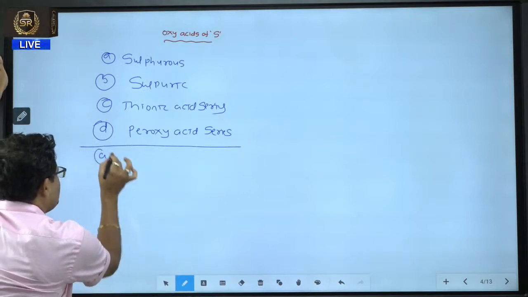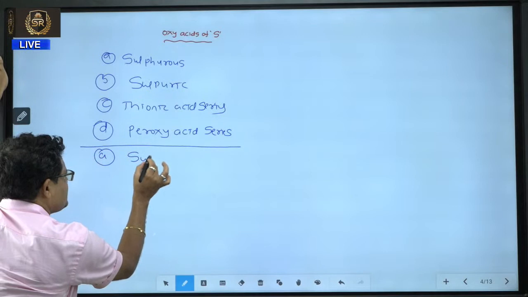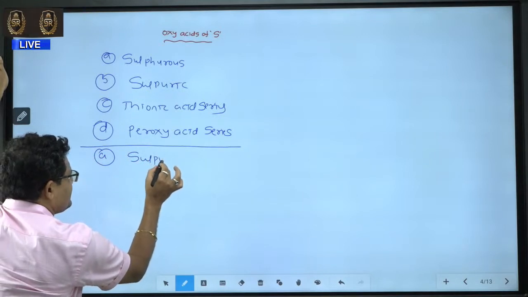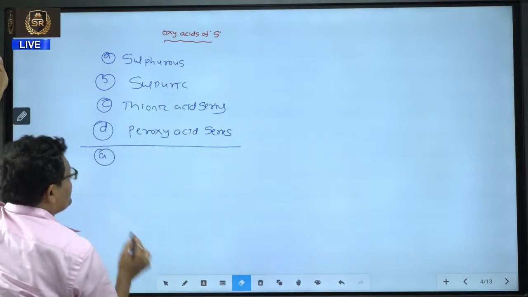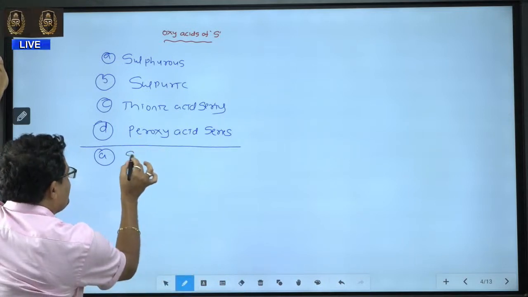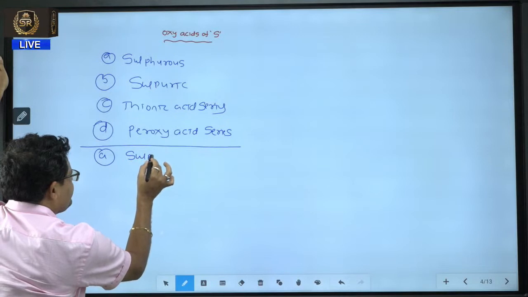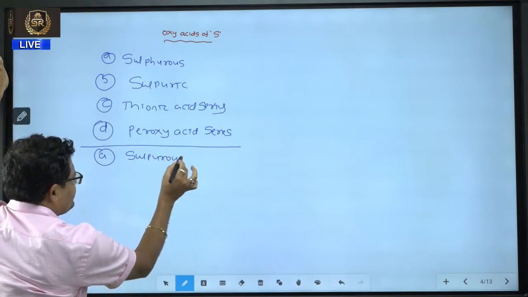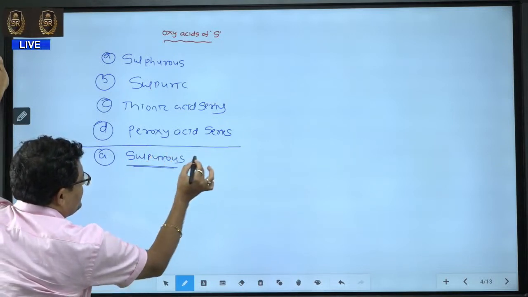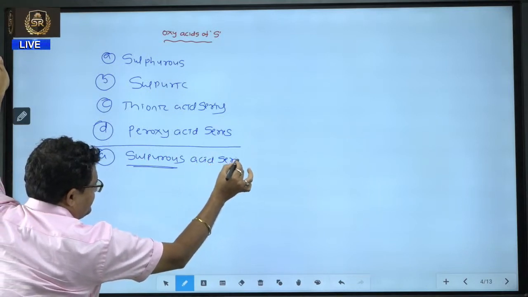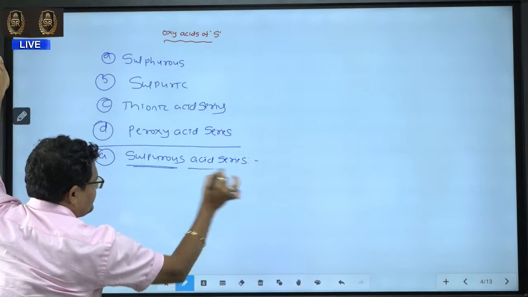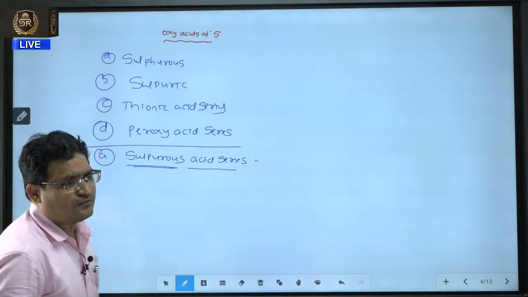First one, the sulfurous acid series. Basically there are 4 types.